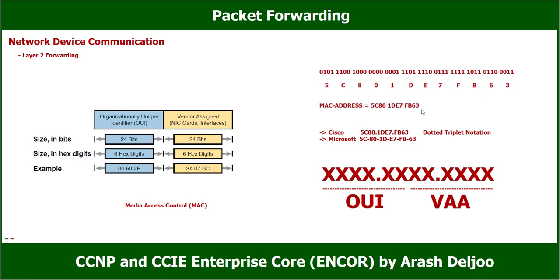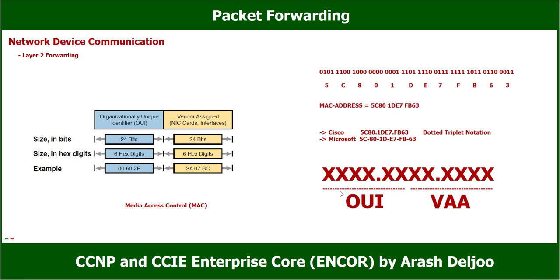Each system, each host, each network device has at least one unique MAC address. For example, maybe we have some device with multiple interfaces and they have multiple MAC addresses. Each of the interfaces has one unique MAC address. And you know that for uniqueness of the MAC address, we are using 2 parts in one MAC address.